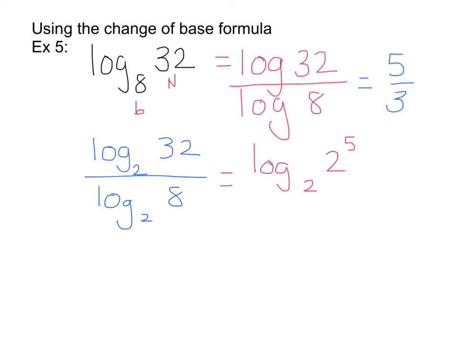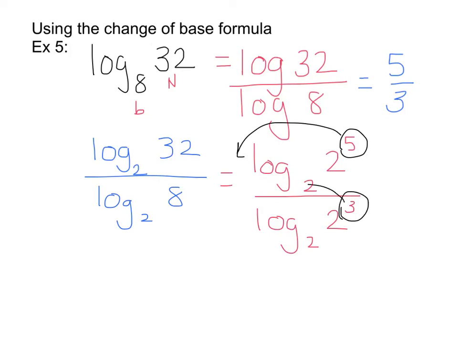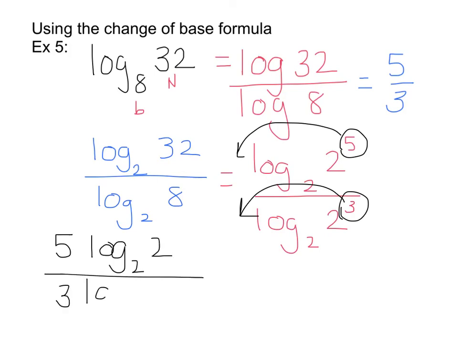And then I could rewrite 8 as 2 to the 3rd power. Make the exponents come out in front. So I would have 5 log base 2 of 2 divided by 3 log base 2 of 2. And when the base and the number are the same, they cancel out, and that's how we get 5/3.